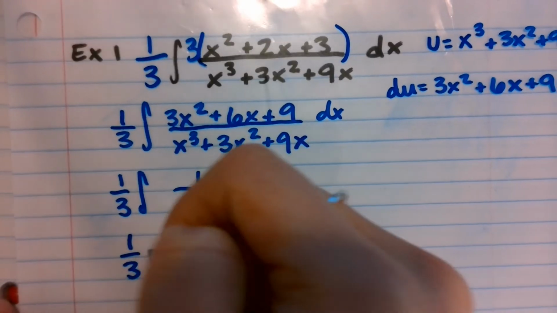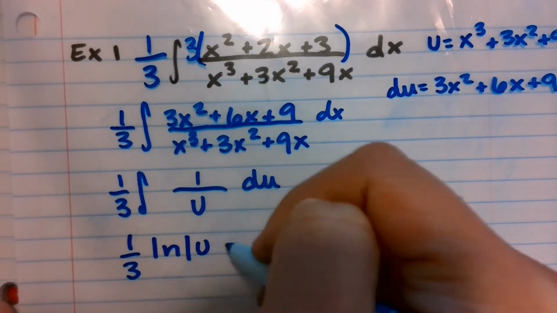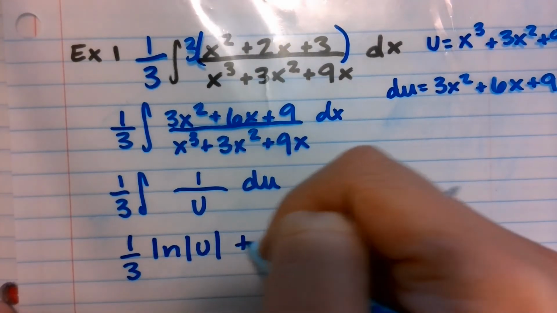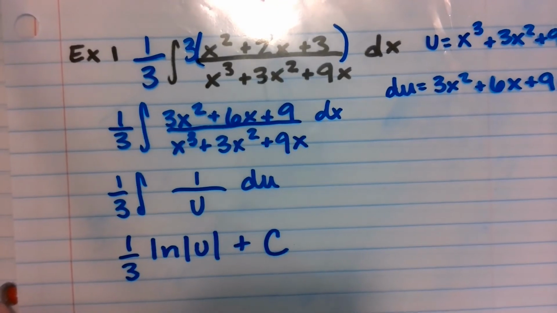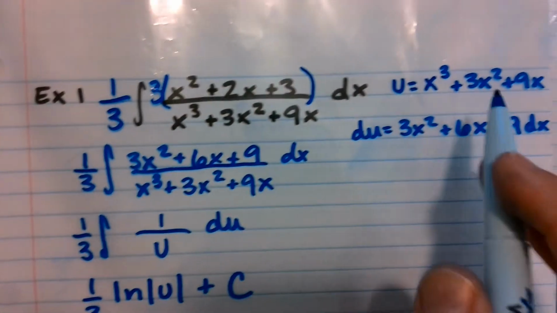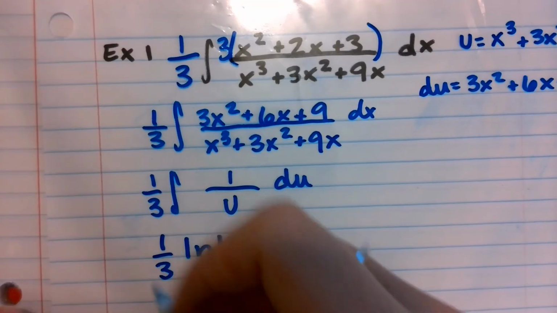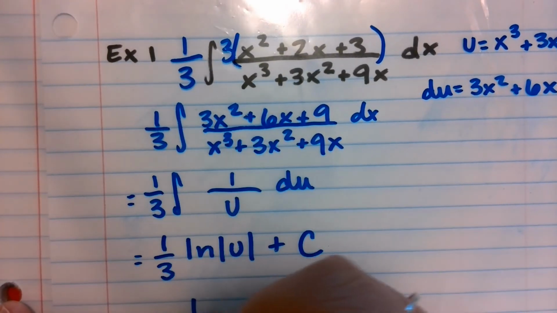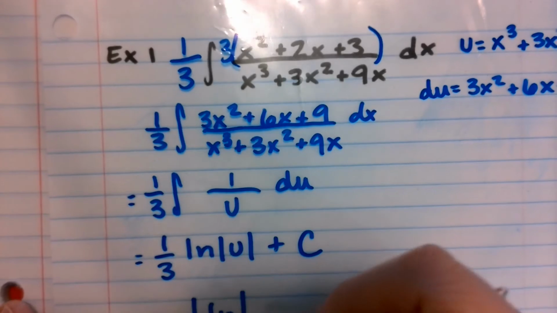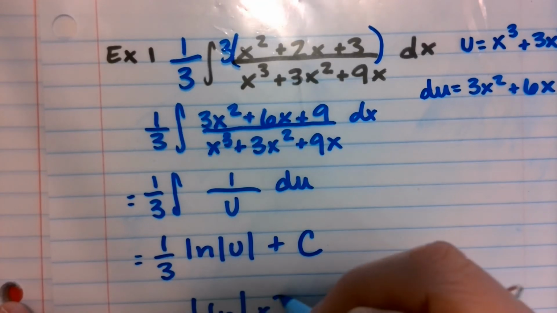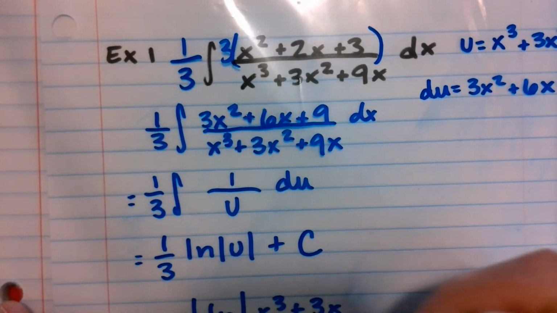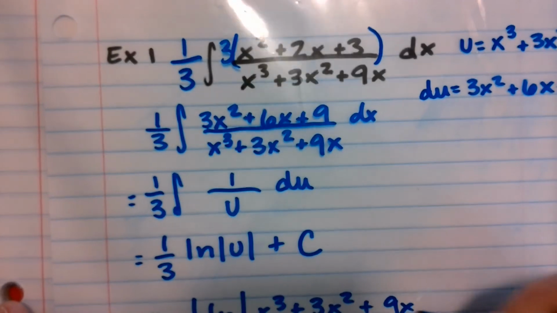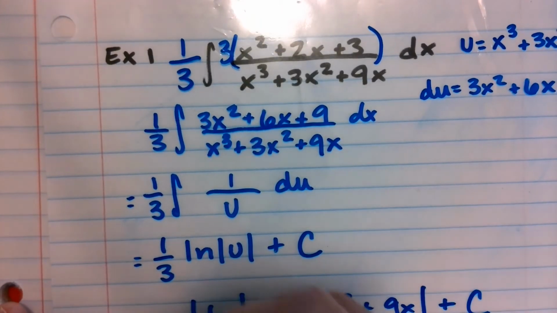So we're going to have the natural log of the absolute value of u, plus c. And then remember, we always want to plug that u back in. So this is going to end up looking a lot more complicated: 1/3 natural log of the absolute value of x to the third plus 3x squared plus 9x, plus c.